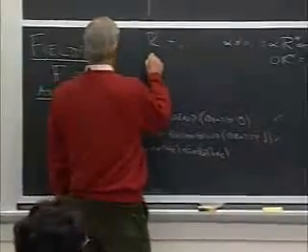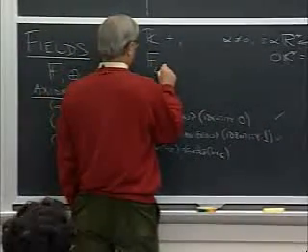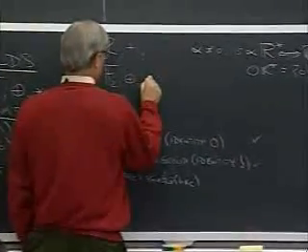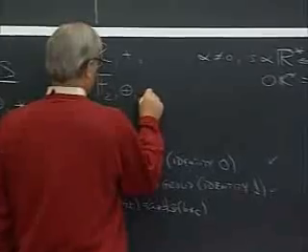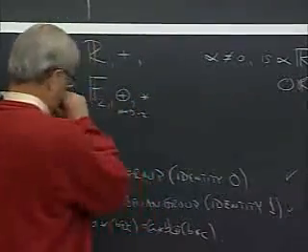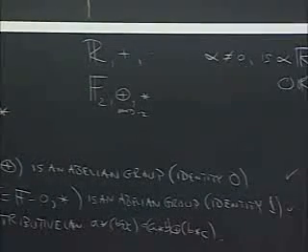What about the binary field? We think we understand that by now. Here, the operations are mod 2 addition and mod 2 multiplication. I've written down explicitly the addition and multiplication tables.